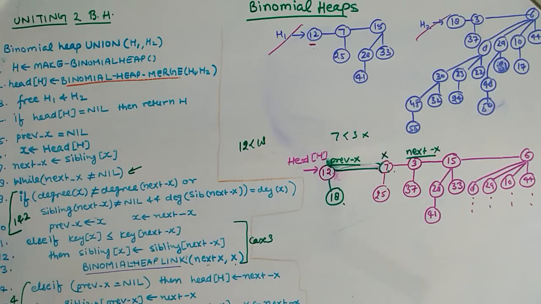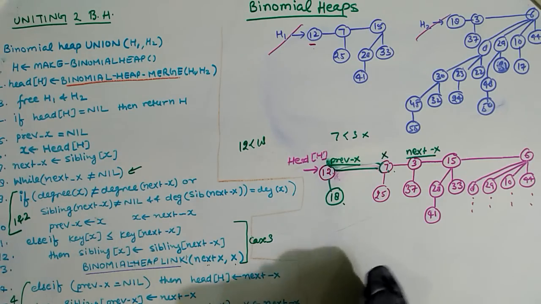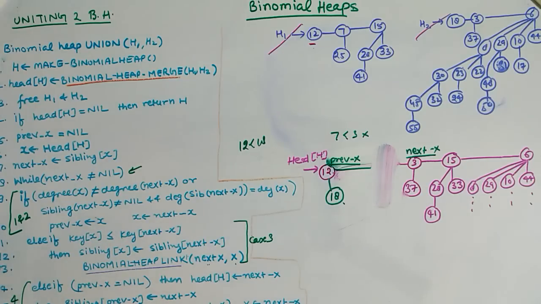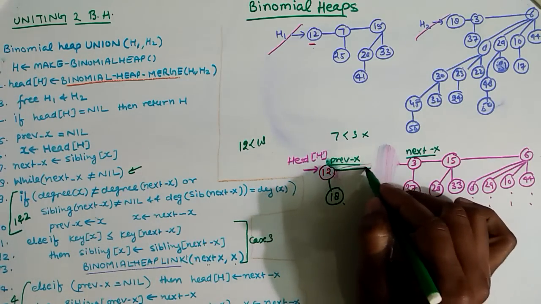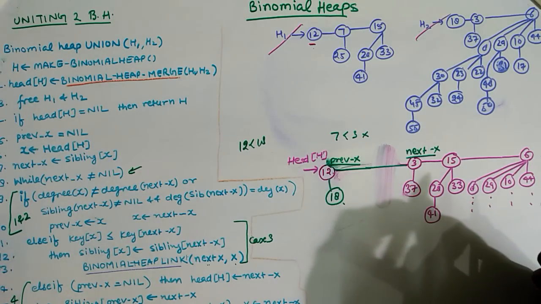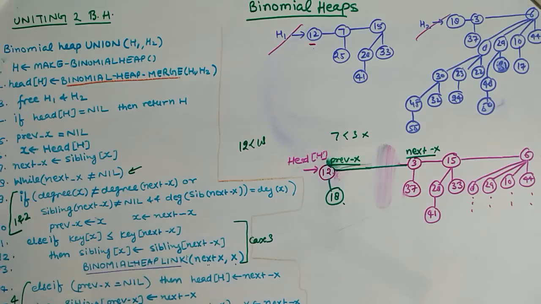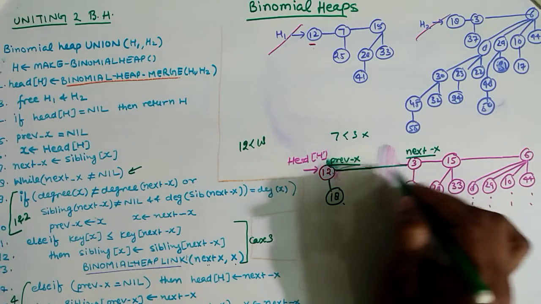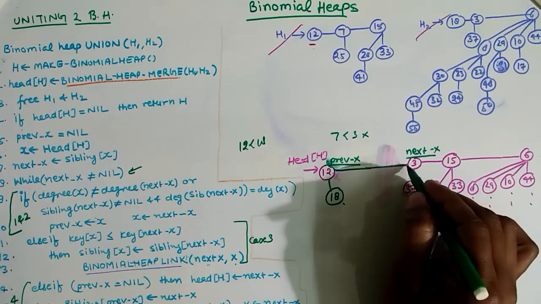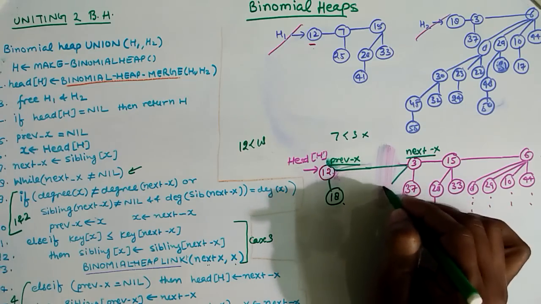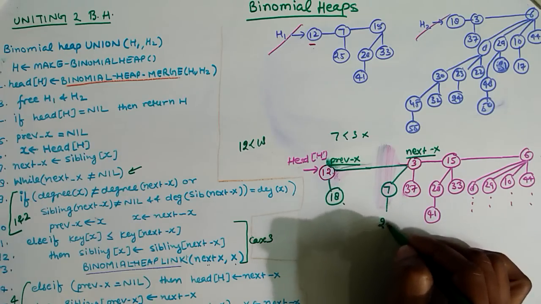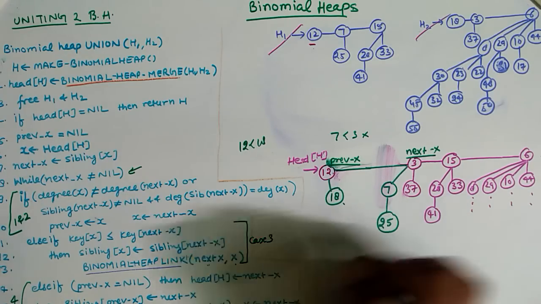So we just remove this node 725 from here and directly link this sibling of previous of x as next of x. Then call the binomial heap link on x and next of x. Because x is here, we make 3 the parent and this the child.